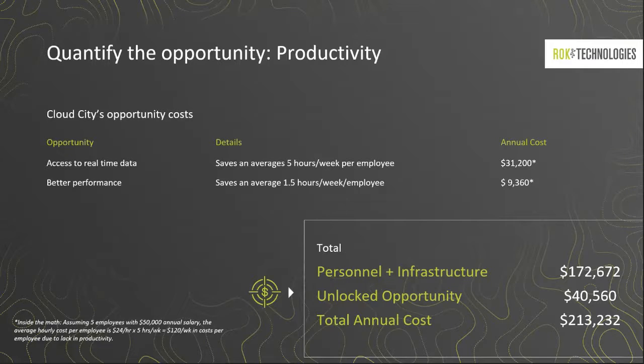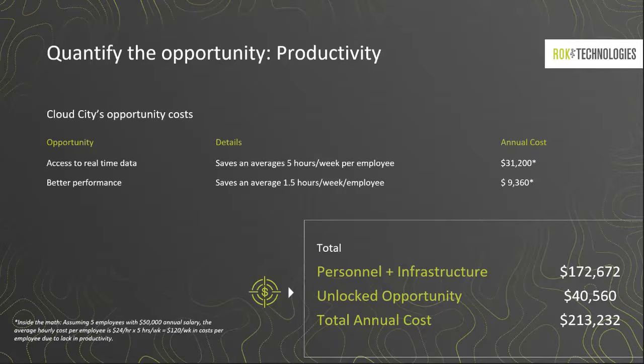So that was the hard dollar value of collaborating in real time. And they did the same process to quantify how improving performance for these 5 employees over the year would cost, or actually save. And it would save them roughly $9,000 a year if they had better performance.